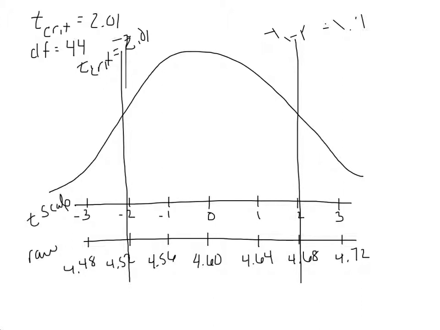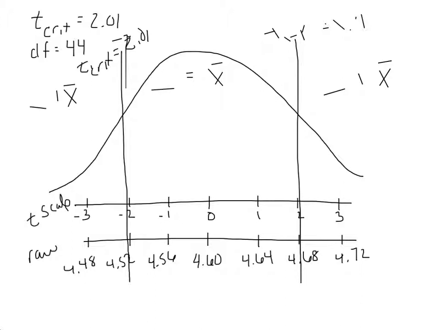So that's the positive, that's the negative one. Alright, now we label our regions. In this middle region, our non-critical region, we're expecting our population mean to be equal to our own mean. In this one, we're going to expect our population mean to be less than our own mean. Here, we're going to expect our population mean to be greater than our own mean. So we've labeled our hypotheses.